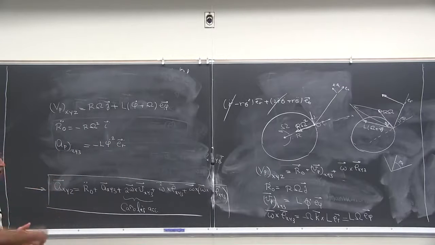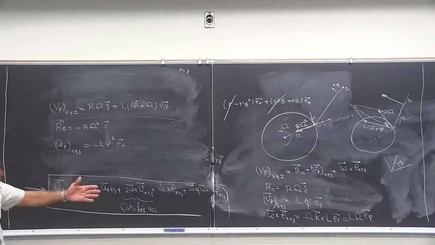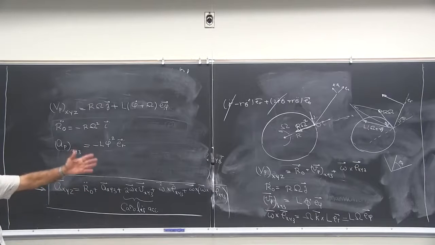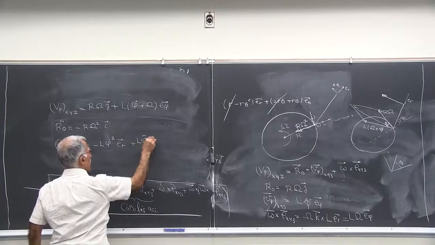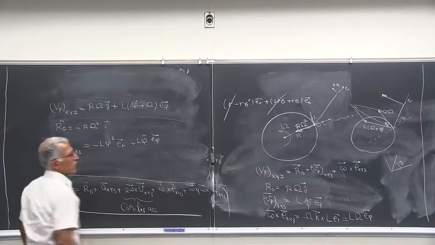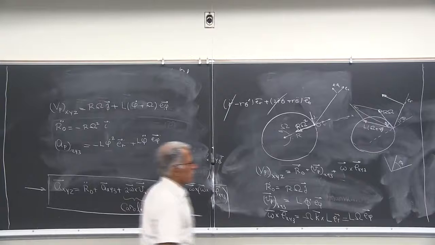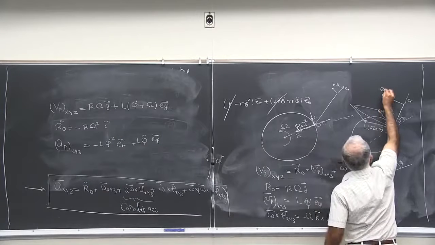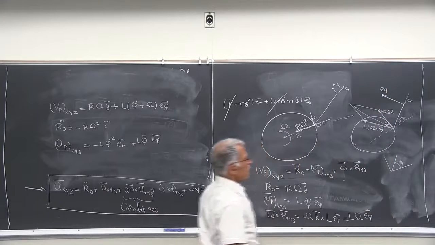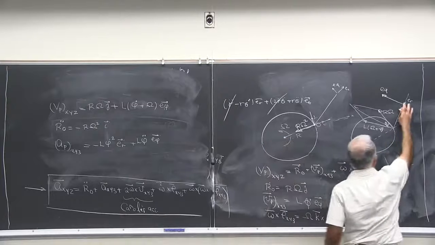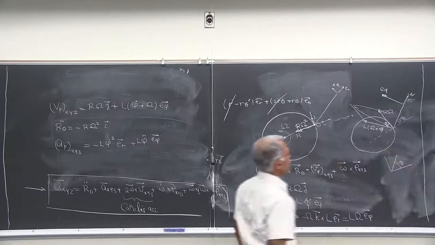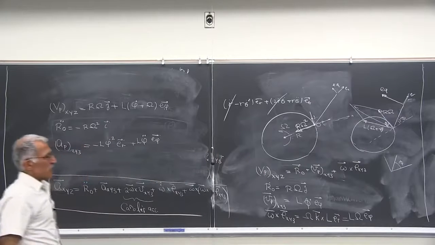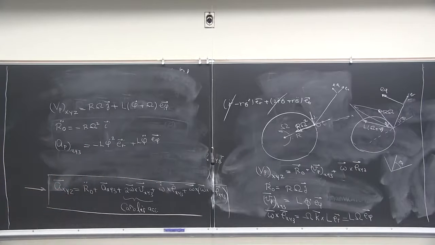And that is in the direction of ER, plus 2r dot theta plus r theta double dot, which becomes L phi double dot. And the direction of that one is E phi, normal to that one. That's the E phi direction. So you do have two unit vectors, ER and E phi, and those are the two things that you have.